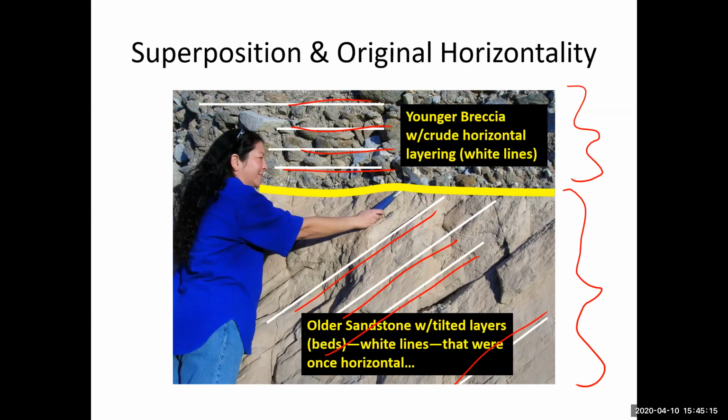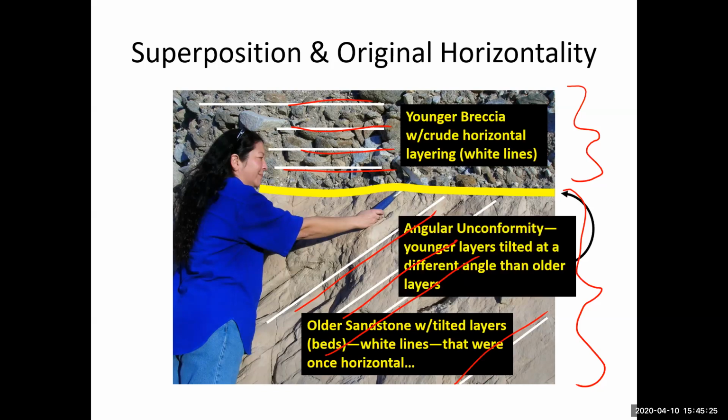The younger sedimentary breccia, as we mentioned, has crude horizontal layering. In this case, the upper layer hasn't been tilted. So can you see that that's going to imply then that these older layers were tilted and even eroded along this boundary before the upper layer was ever there to begin with.